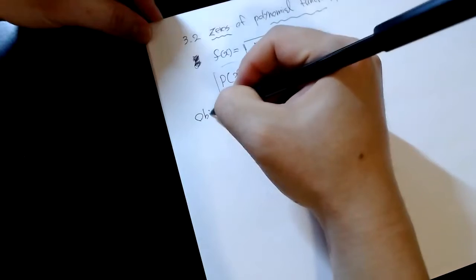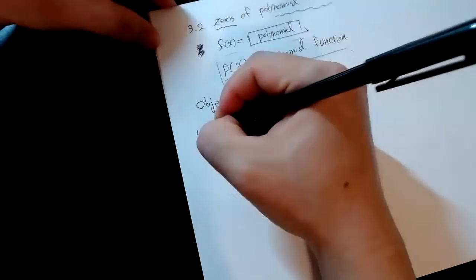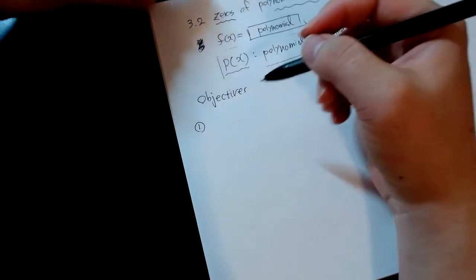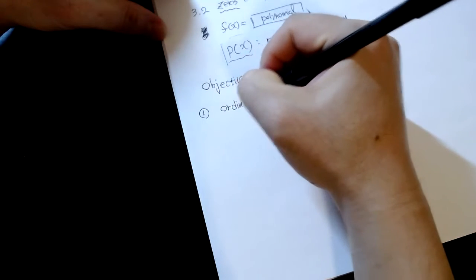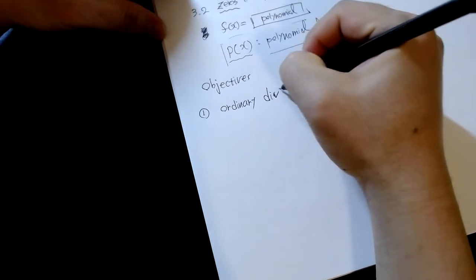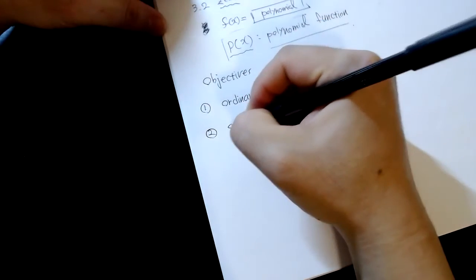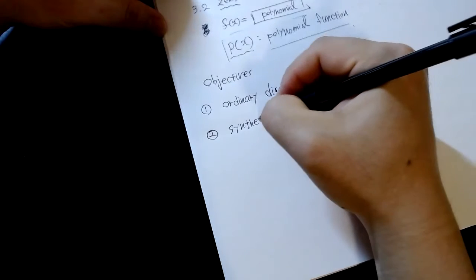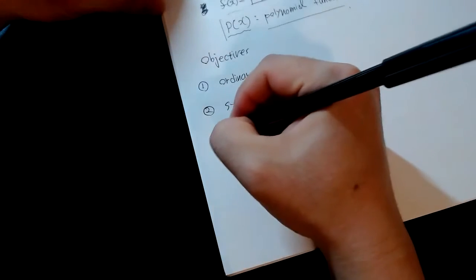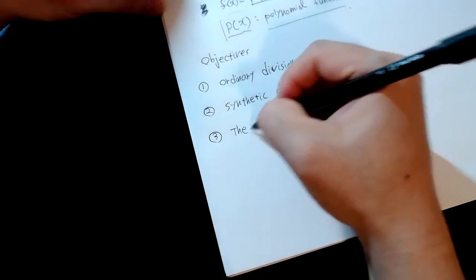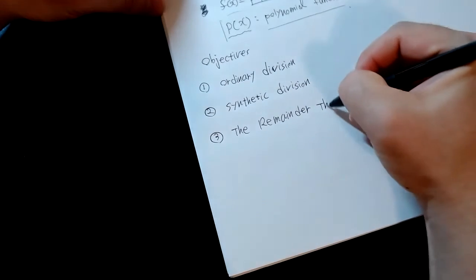So the objectives from here. First, we have to review ordinary division, because maybe you learned this in high school. Step 2, the second objective is synthetic division. Step 3, the remainder theorem.